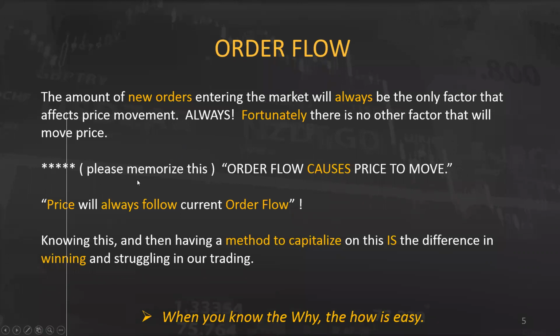So memorize this: order flow causes price to move. Price will always follow current order flow. Knowing this and then having a method to capitalize on this is the difference in winning and struggling in our trading.